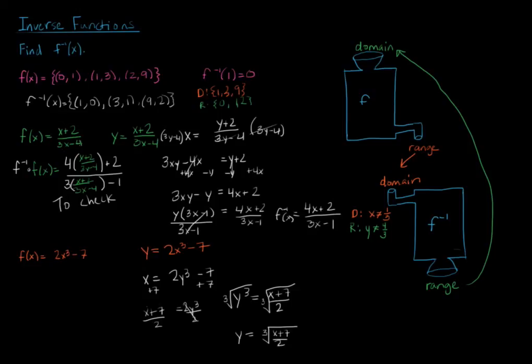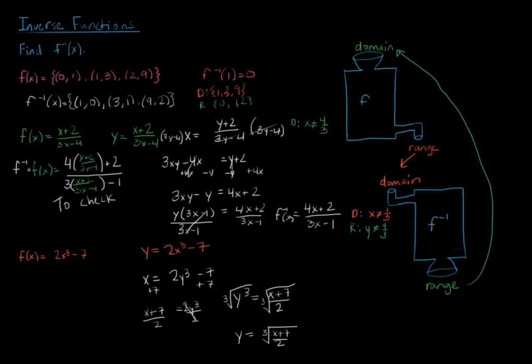So the domain of the original function, if we can't let the bottom equal 0, which means that x cannot equal 4/3. So the domain here is that x cannot equal 4/3.